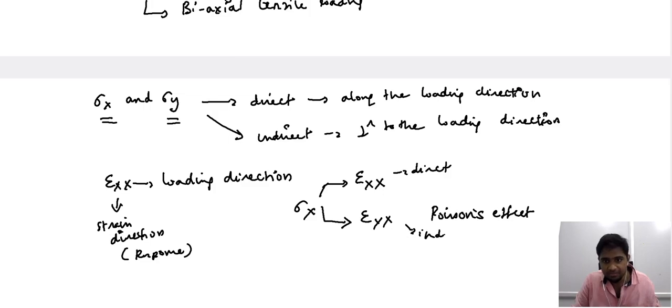So what we observe here is, as the complexity of the loading condition increases, so does the way we describe the strain. The complexity associated with the response also increases. Now in case of uniaxial tensile loading, it was rather straightforward for us to talk about longitudinal strain and lateral strain.